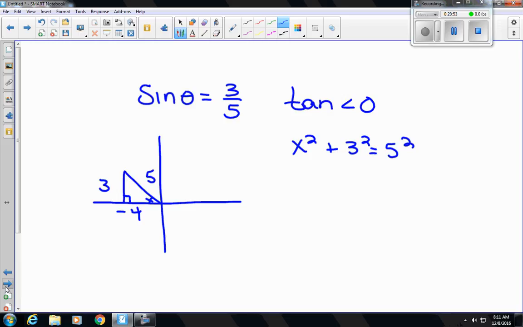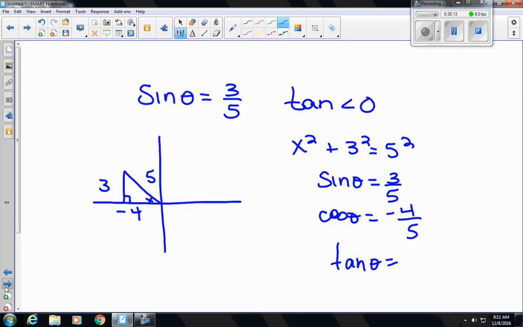So now we just go through. We have sine. We already know that. Let's do cosine. Well, cosine's the ratio of x over r. So this would be -4 over 5. Tangent would be the ratio of y over x. So this would be 3 over -4.